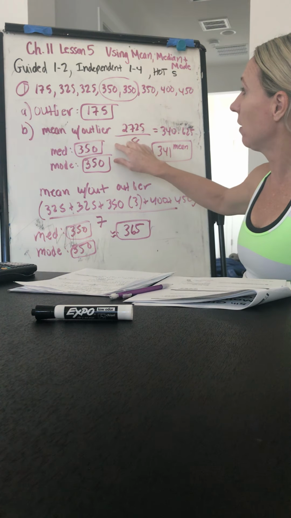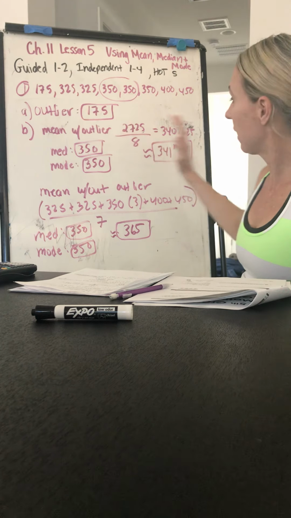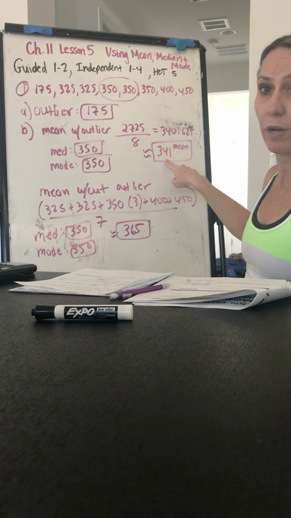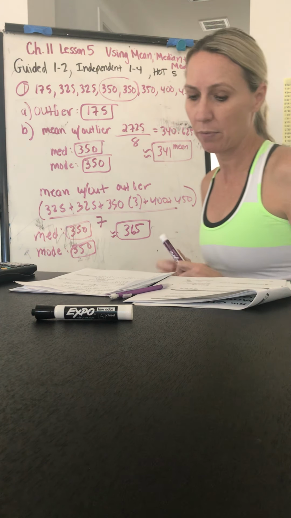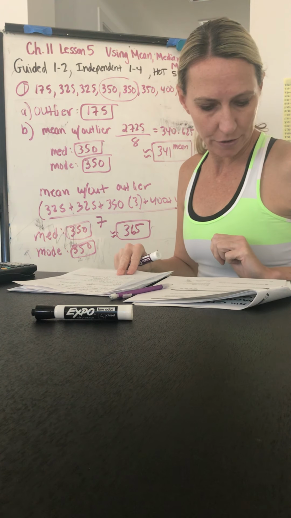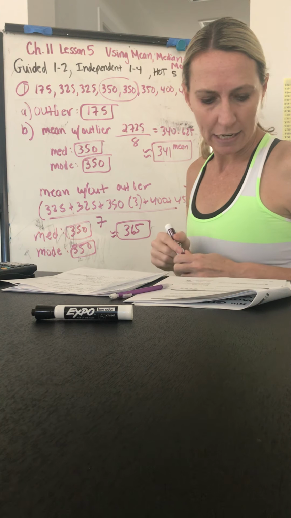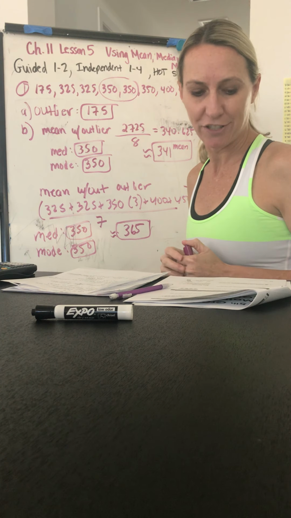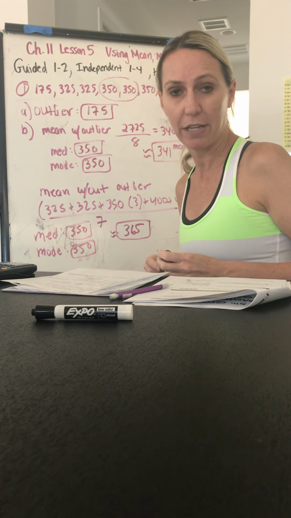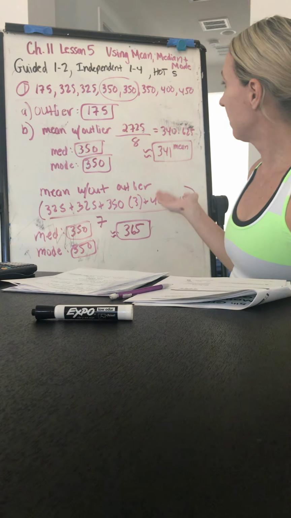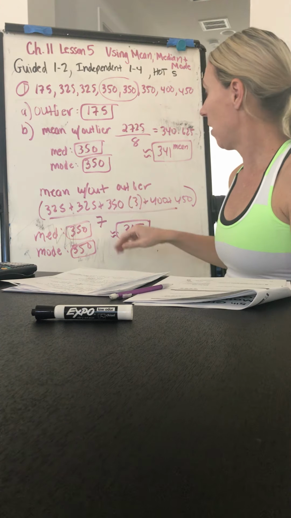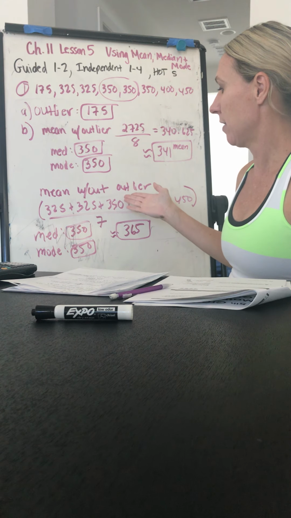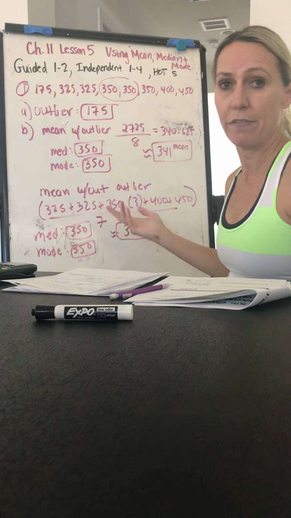So with the outlier, because that was a small number, it shifted the mean 24 places, which is quite a bit. So that's what was greatly affected, was the mean. Okay, now let's do C, tell which measure of center best describes the data with and without the outlier. In this case, because the median and mode are the same without the outlier, I'd say either one of those is fine.